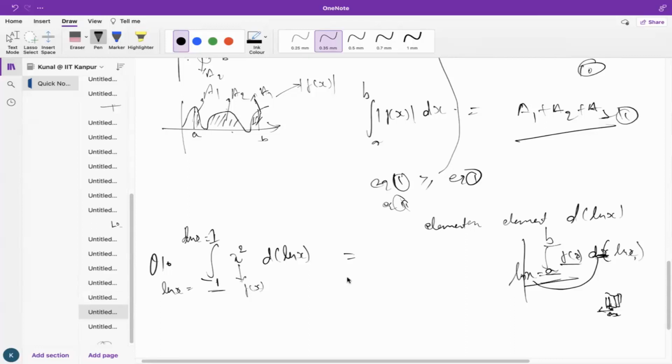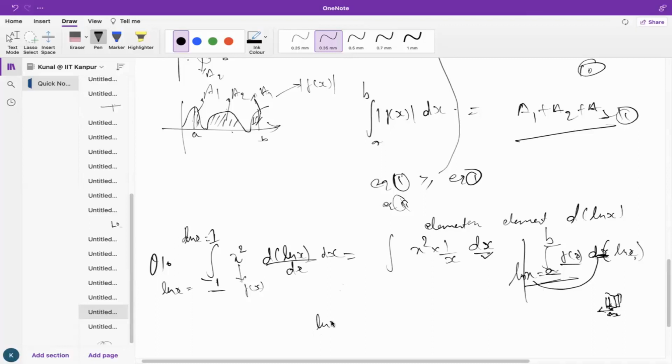So what we do here is some manipulation. When we differentiate ln x, we get 1 by x dx. Now our elementary element changes: first it was d of ln x, now it is dx.